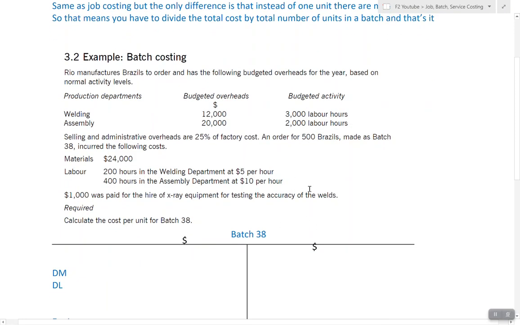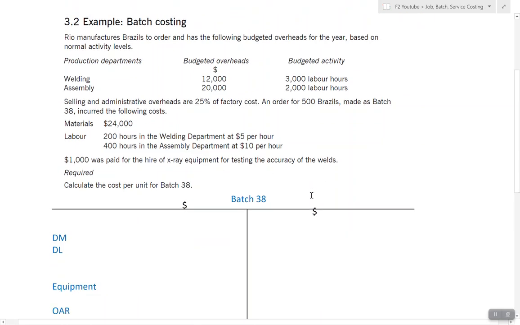Selling and administrative overheads are 25% of factory cost. An order for 500 Brazils made as a batch 38 incurred the following costs. So we have 500 units in the batch. We have material 24,000, labor 200 hours at 5 per hour, 400 hours at 10 per hour, 1,000 paid for X-ray equipment for testing the accuracy of welds.